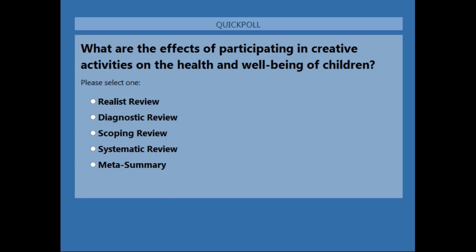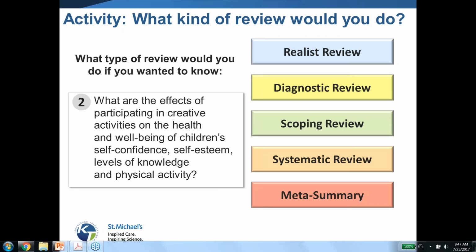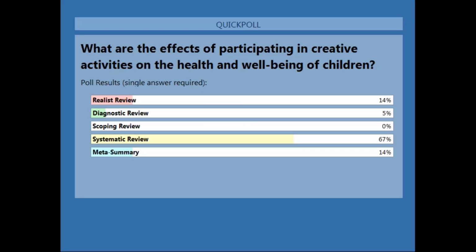Great, so we're almost at 50%. Give a couple more seconds here. Great, so we have more than 60%. So we see here that the majority is saying a systematic review. And that's exactly right. The clue in this one was asking what are the effects.